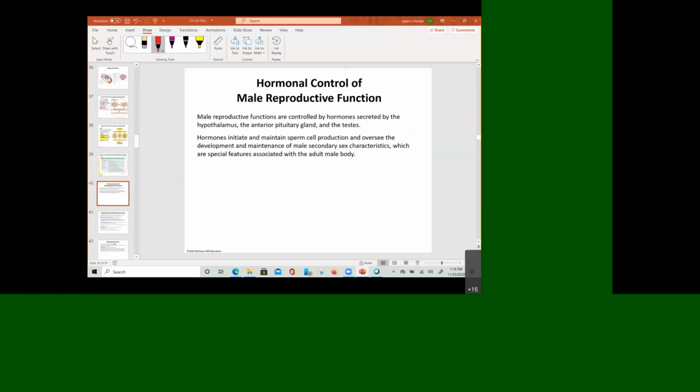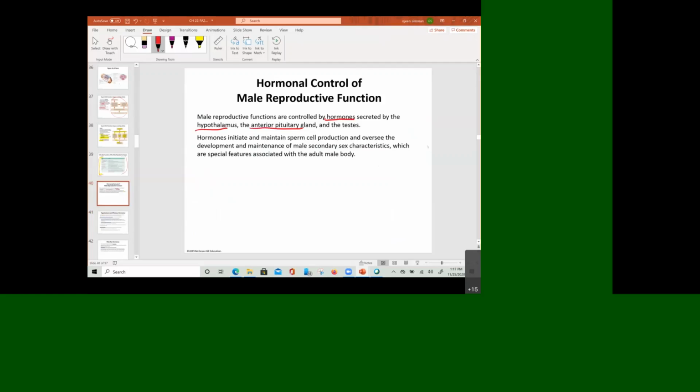Okay, so now we're going to talk about the hormonal regulation of male reproductive functions. The male reproductive functions are controlled by hormones that are secreted from the hypothalamus, from the anterior pituitary, and from the testes themselves.